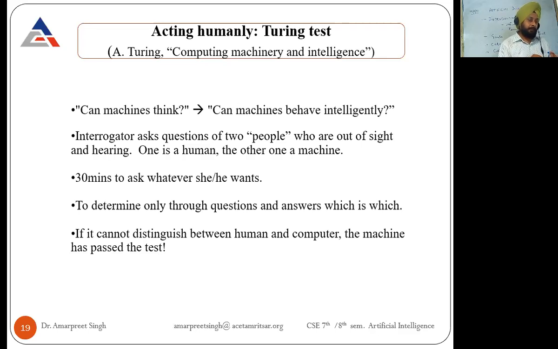After getting the answers, the interrogator will determine whether the answers are coming from the machine or the human out of sight. If the interrogator cannot distinguish, and is not sure whether an answer is coming from the human or the machine, then your machine has passed.